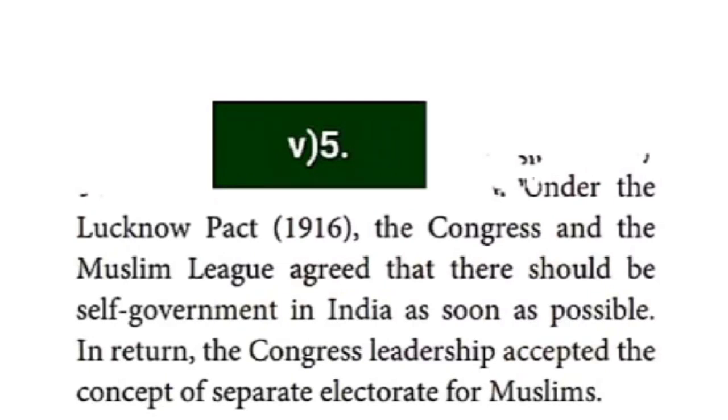These are the things given under the Lucknow Pact. In 1916 it was signed; the Congress and the Muslim League both agreed that we should soon get independence from the British. Second point, the Congress leadership accepted the concept of separate electorates, that is, separate constituencies for Muslims.